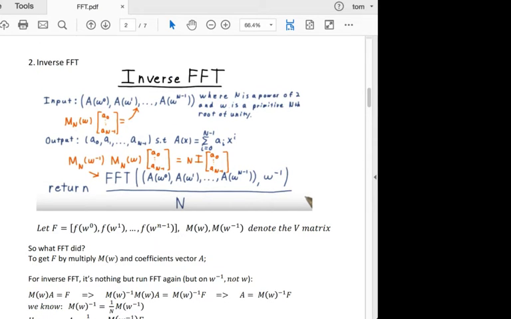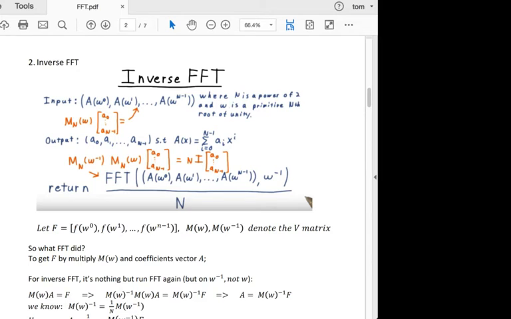Actually, it's not difficult at all, it's nothing but a typical FFT. What FFT did is just try to get the right side by multiplying the matrix and the coefficients.